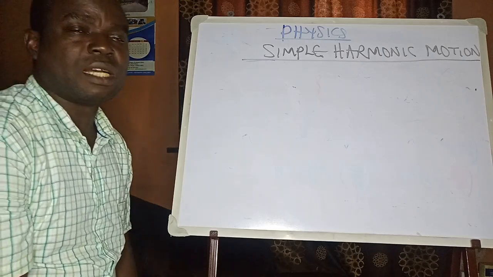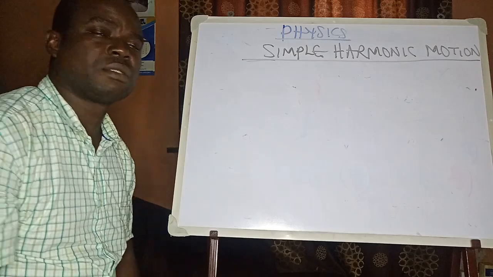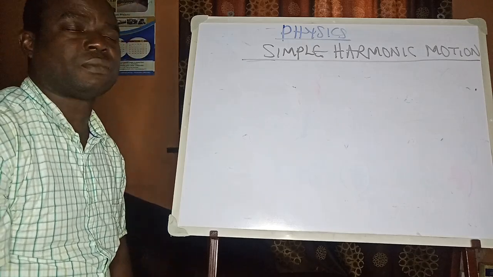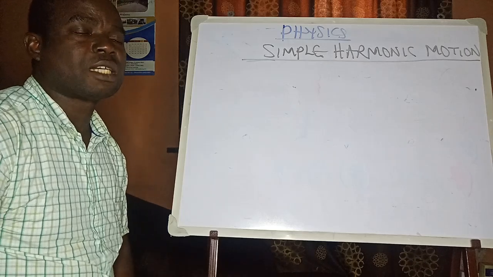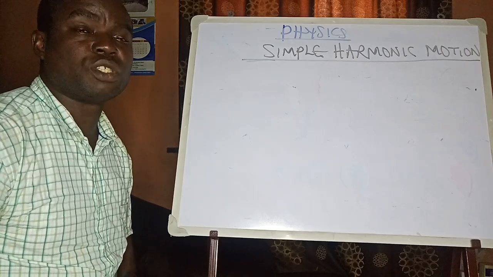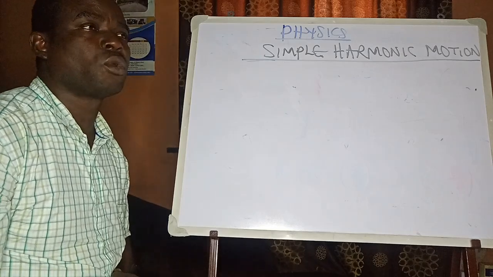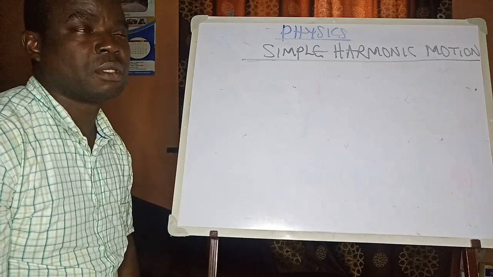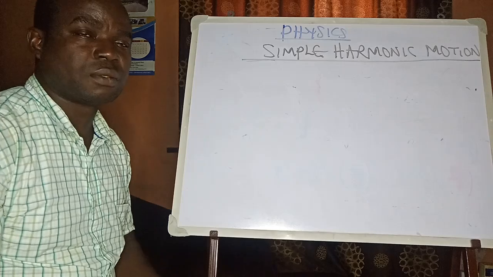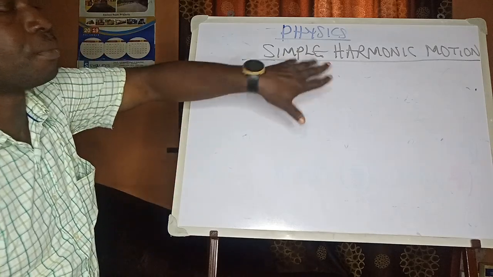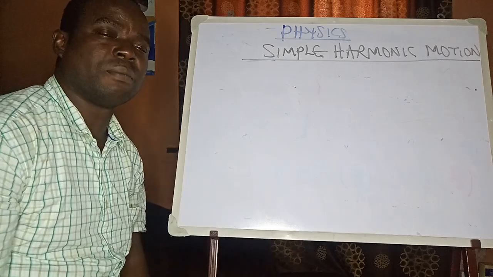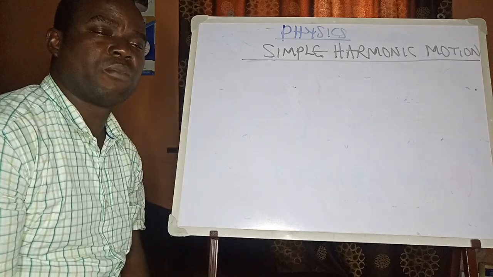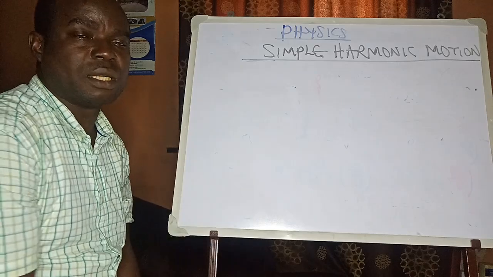Mostly what we do here in physics is calculations, where the students have issues, and then technical areas of each topic we can explain, or we are supposed to explain. We also touch theories. Like in this simple harmonic motion now, I will do a quick rundown of the terms we use in studying them.